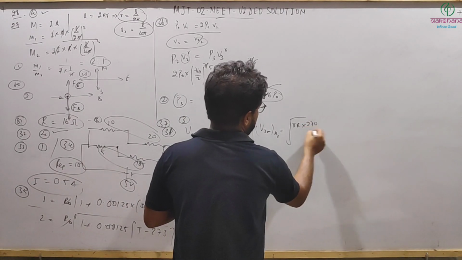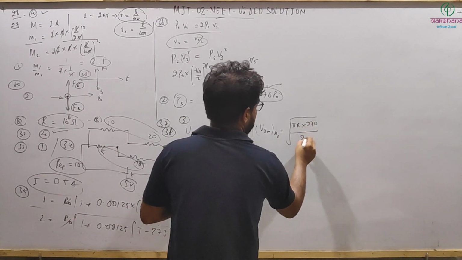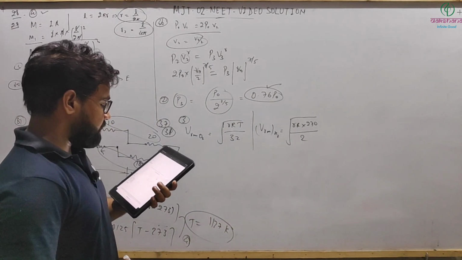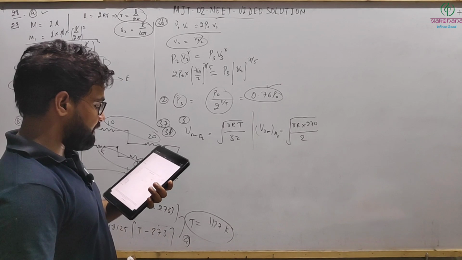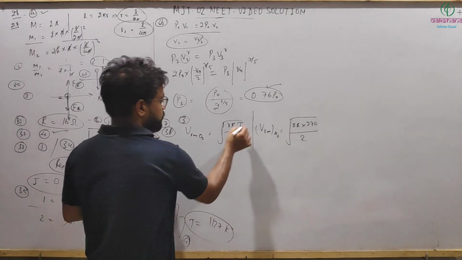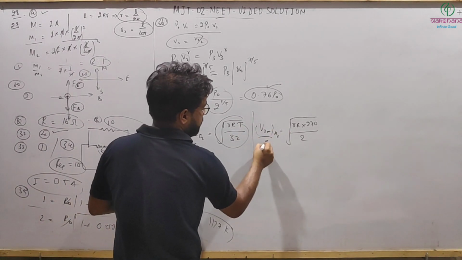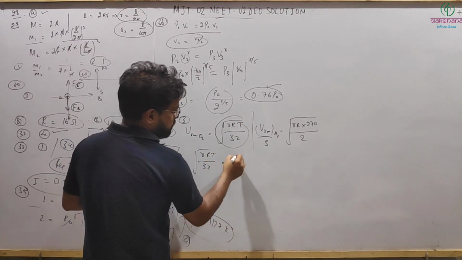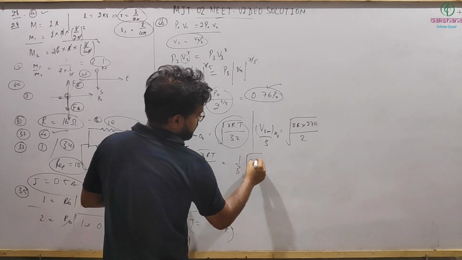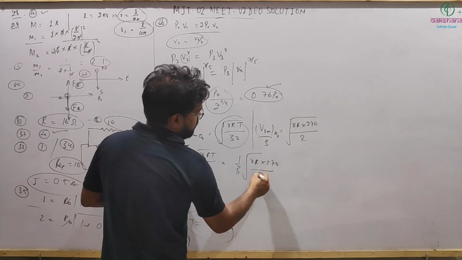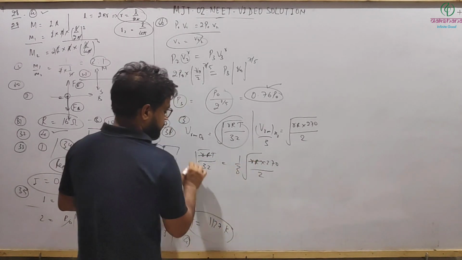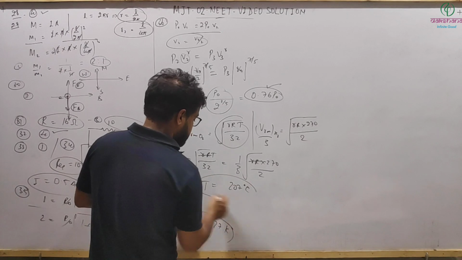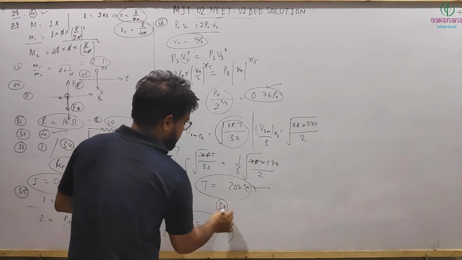Minus 3 means 270, divided by mass 2, and it's given that the RMS velocity of O2 molecule will be 1/3 that of H2. So root over gamma RT by 32 equal to 1/3 of root over gamma R into 270 by 2. Gamma R gets cancelled, solving it T comes out to be 207 degrees Celsius. Next question number 39.